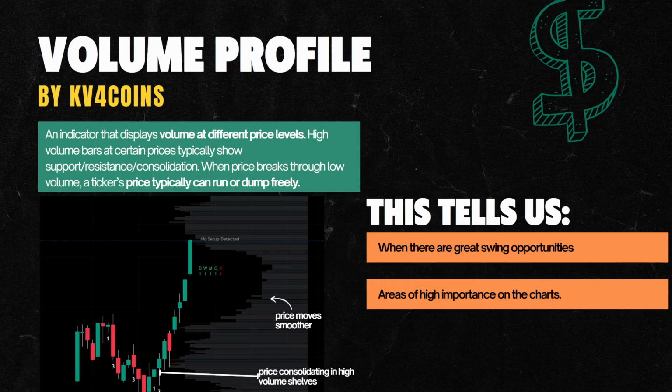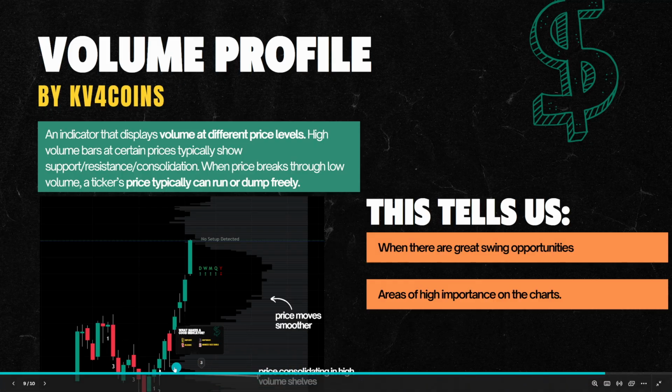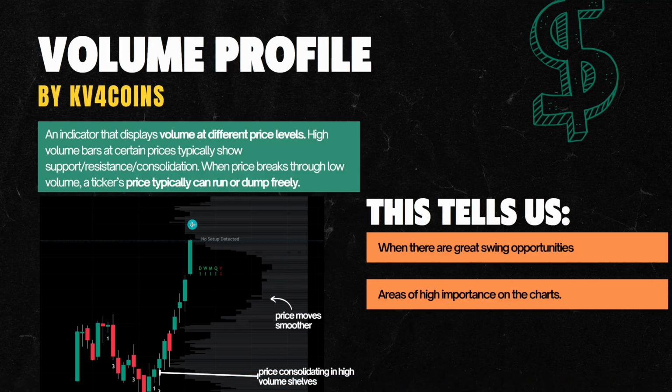If price breaks out of those higher volume areas, like out of here, we like to see that. When we break out of this area and price starts moving into where it's low, where you see this, what would you call that? Like a valley, right? I'm running out of words today.